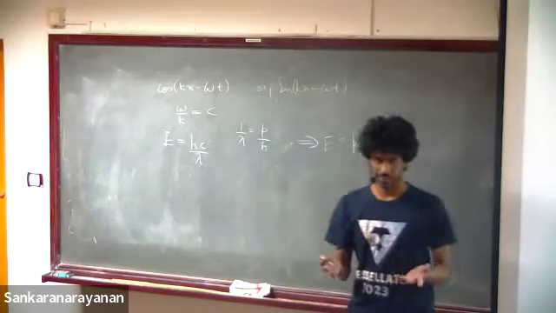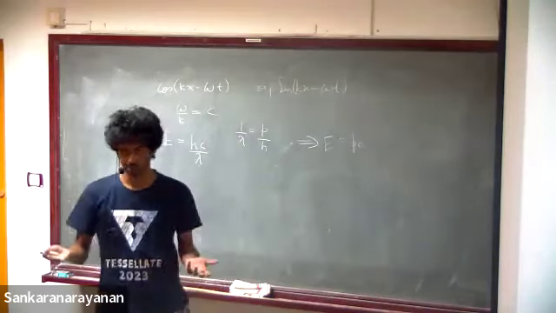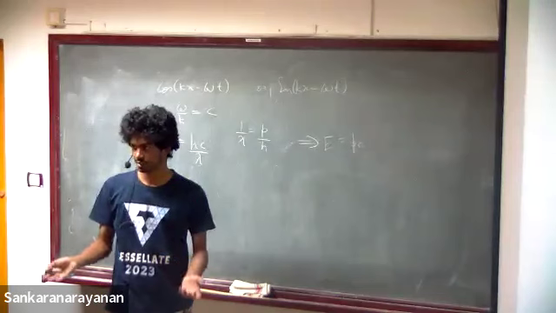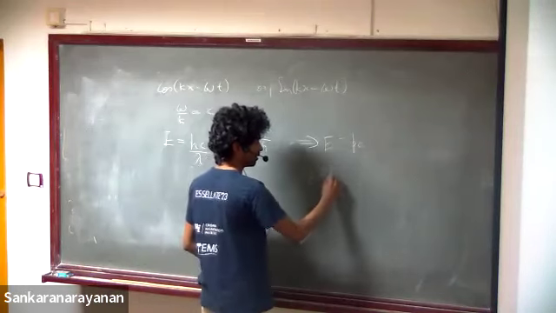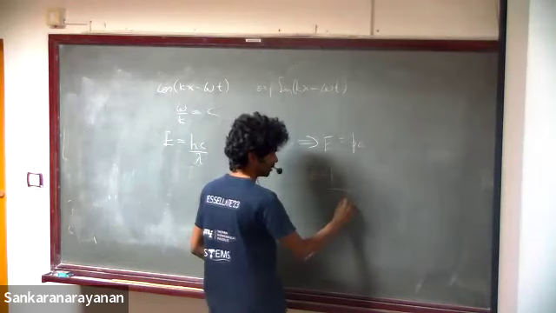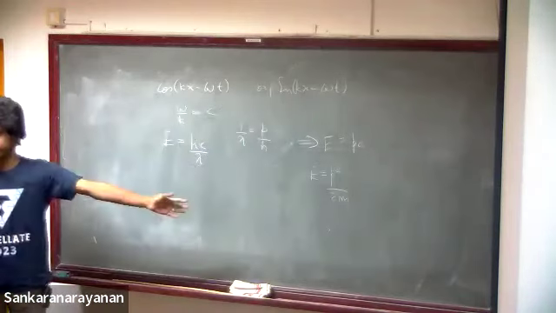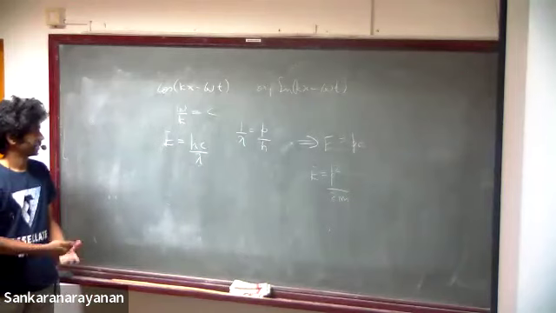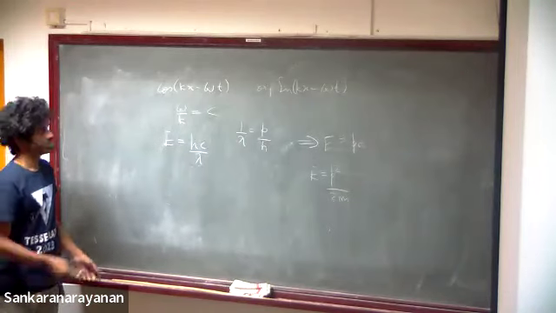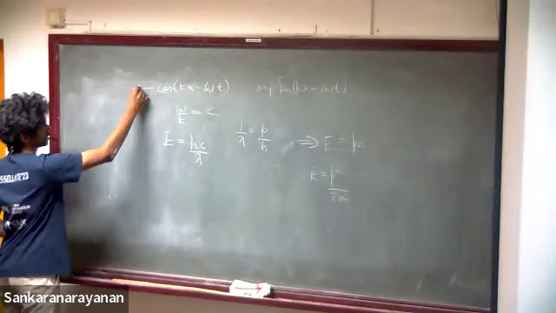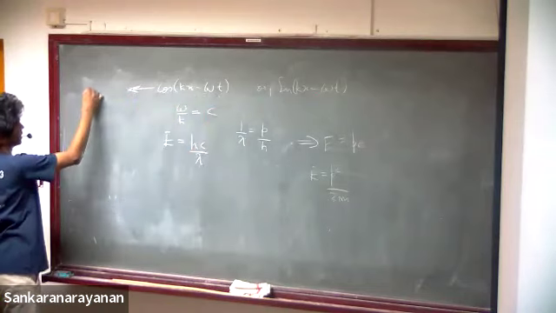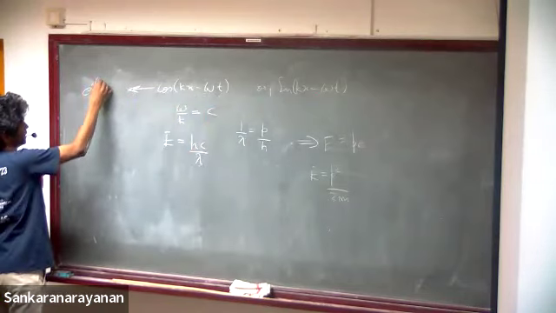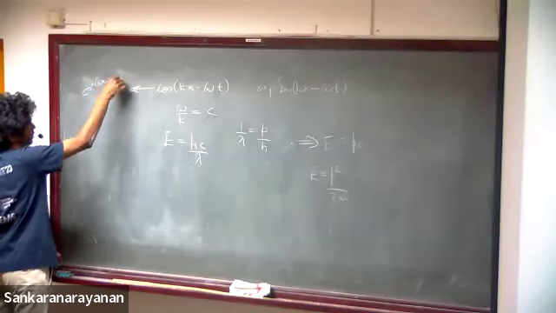But if you're talking about a massive particle, say an electron in the non-relativistic regime, you would instead have E equal to P squared by 2m, right? Now you can conveniently represent cos(kx minus omega t) and sin(kx minus omega t) as e to the i(kx minus omega t).